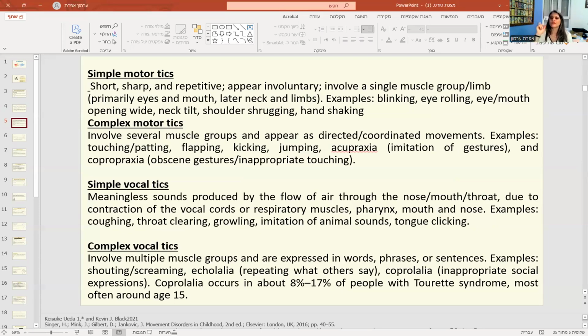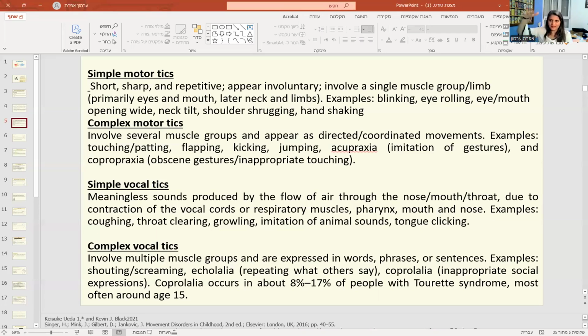They involve a single muscle group or limb, primarily the eyes and mouth. Later on, we will see the neck and limbs. For example: blinking eyes, eye rolling, eye or mouth opening wide, neck tilt, shoulder shrugging, hand shaking. Like this.